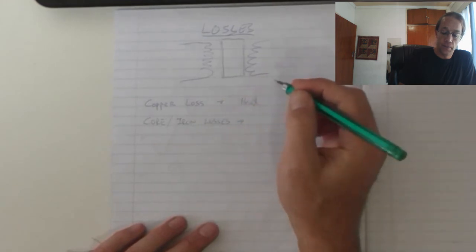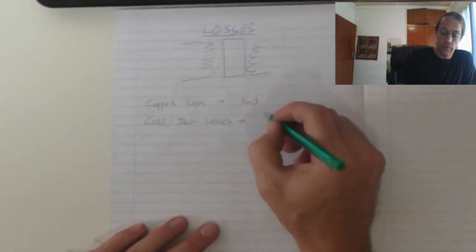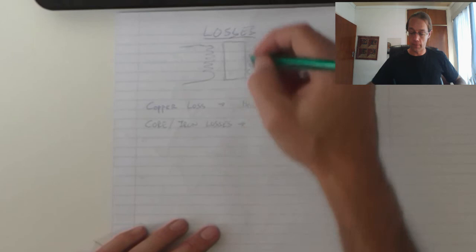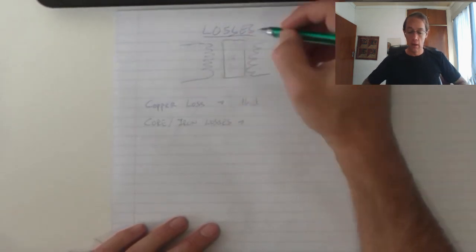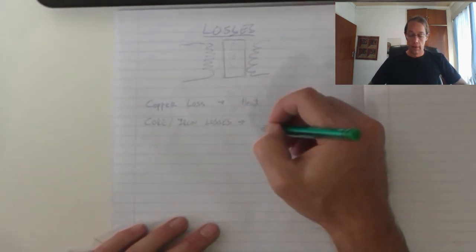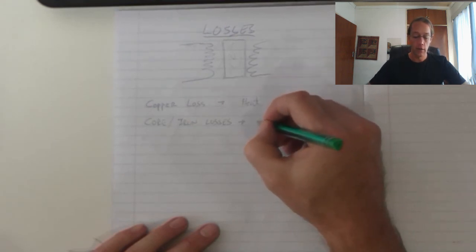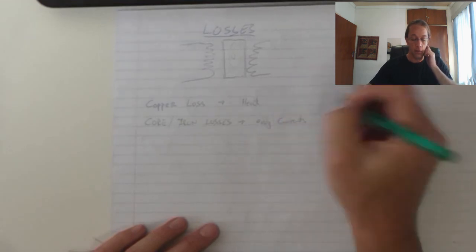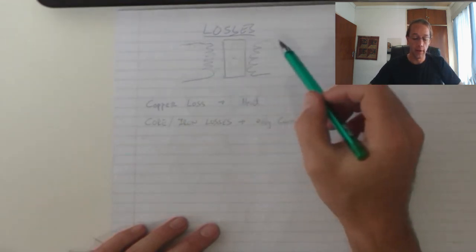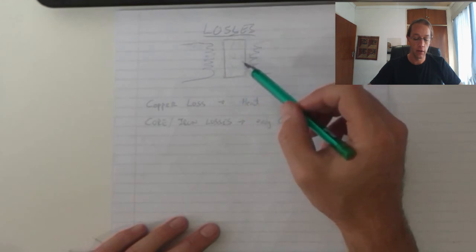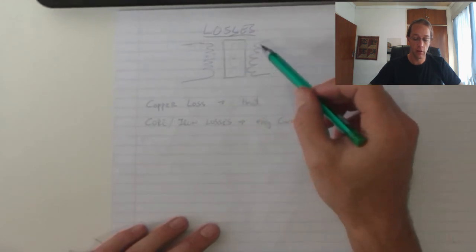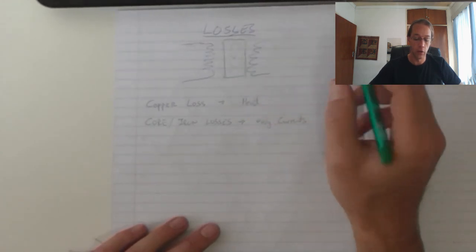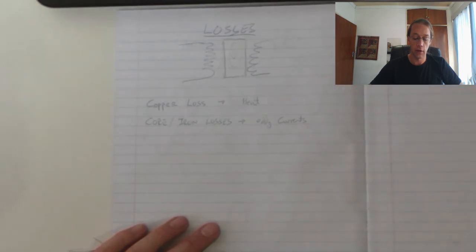Basically what happens there is my iron losses refers to eddy currents that are created inside the core. Those eddy currents will again influence the temperature of the transformer, thereby increasing the resistance of the coils and thereby decreasing the efficiency.